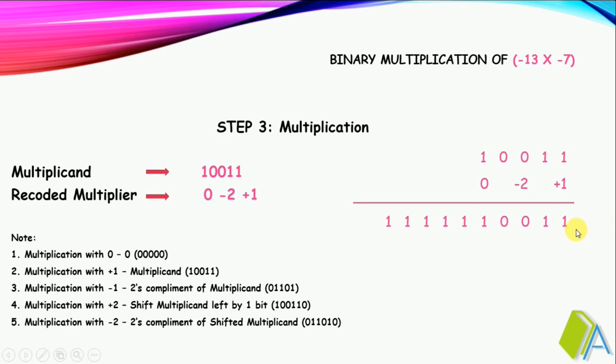While performing normal multiplication, we used to shift the second partial product left by 1 bit before writing. But in the case of modified Booth algorithm, we have to shift 2 bit positions. After that only will we write the next partial product. Here the MSB is 0, so I have to extend zeros up to the 10th bit. The last one is multiplication with 0, so I am extending.